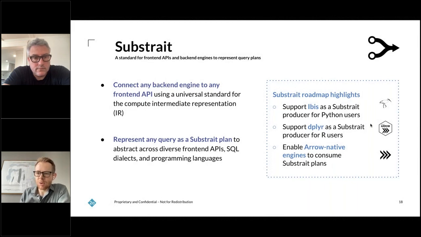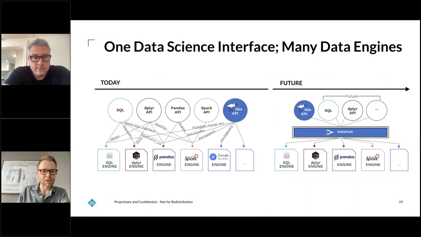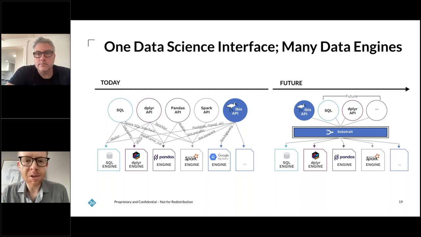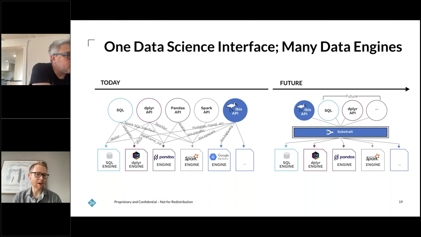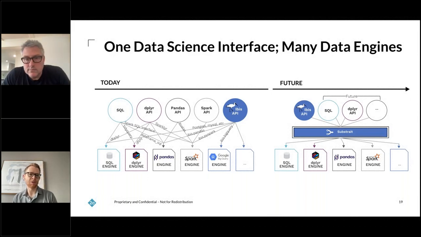execution engines. In the Python and R environments, we've been working to build Substrate interfaces to Ibis, as well as Substrate interfaces to dplyr, to enable Python and R users to create Substrate expressions through a familiar syntax. What's exciting now is that rather than having a proliferation of pairwise interfaces between APIs and backends to maintain, we can start to think about using Substrate as the standard interface to backend execution engines.